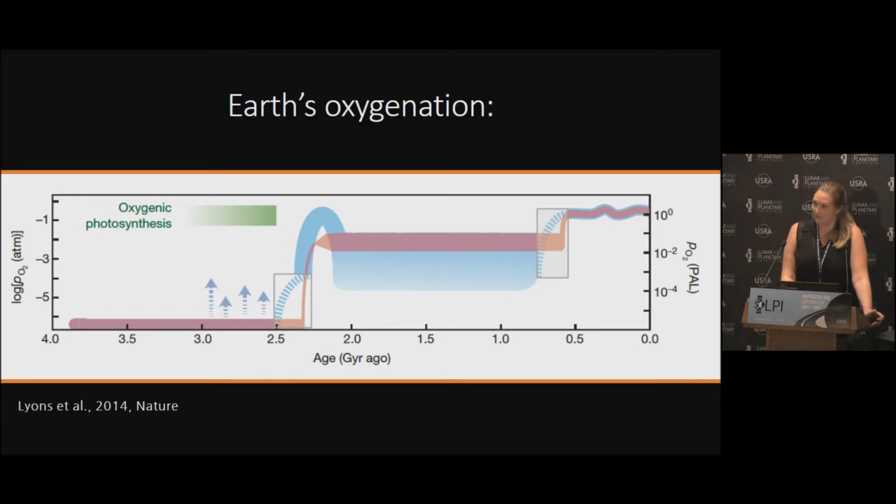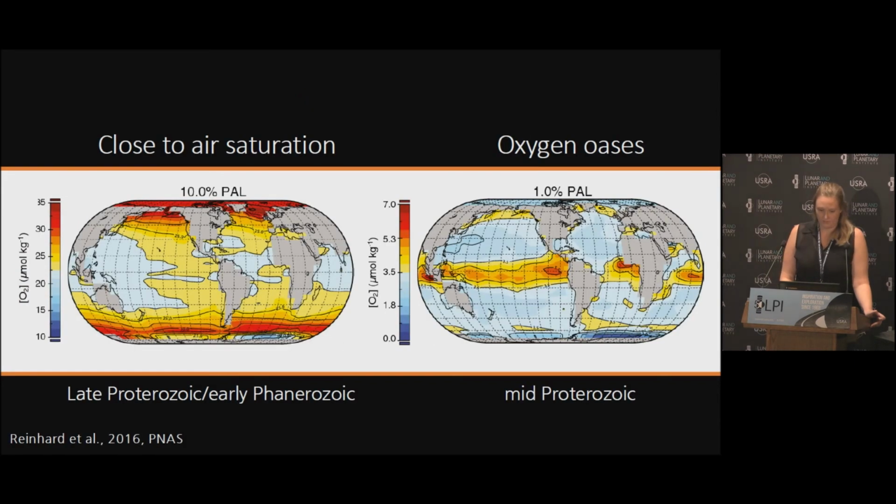Okay, so now let's turn to the history of dissolved oxygen. As we reduce oxygen in our atmosphere down to about 10% of the present atmospheric level, which I'm showing on the left panel, this might be representative of a late Neoproterozoic, early Phanerozoic Earth.